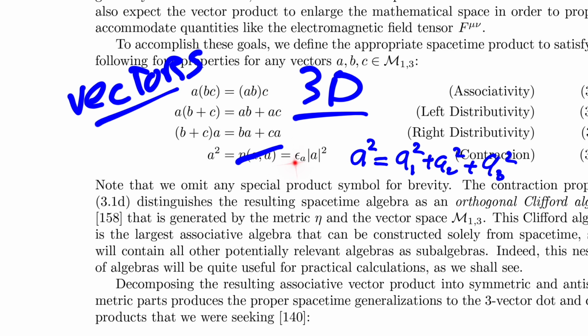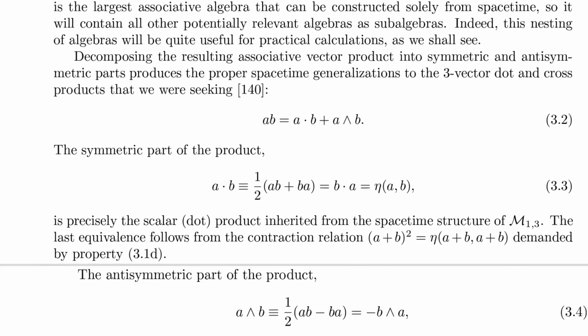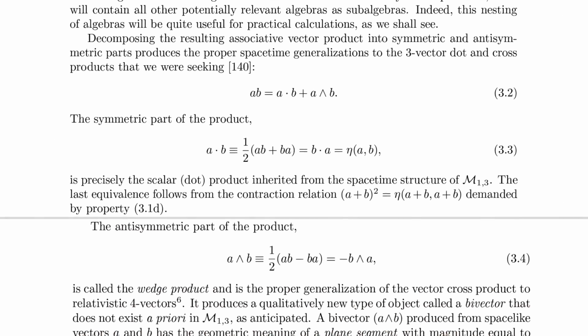And you wouldn't have to worry about epsilon alpha, because this would always be positive. You have a positive definite metric. But our algebra works fine with a pseudo-metric, a non-positive, an indefinite metric.